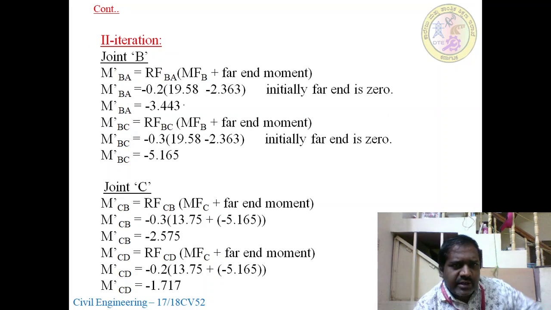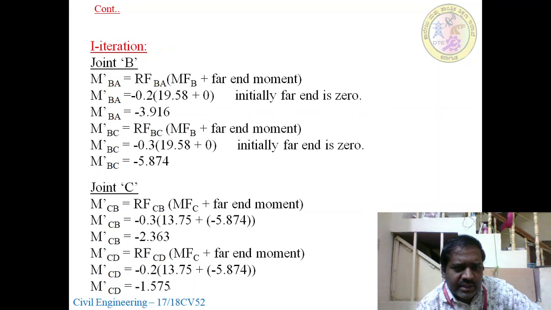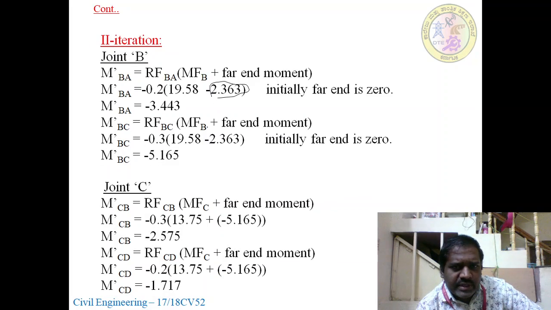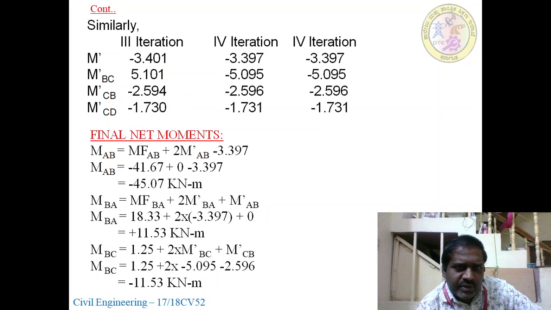In the second iteration, 2.363, so this will be the far end value. So you will consider this, and 0.2, first time 0.2 and 0.3, you will get these two values. For joint C, again calculate.